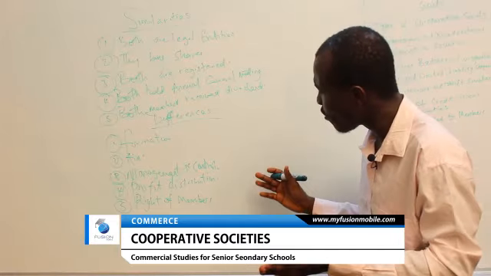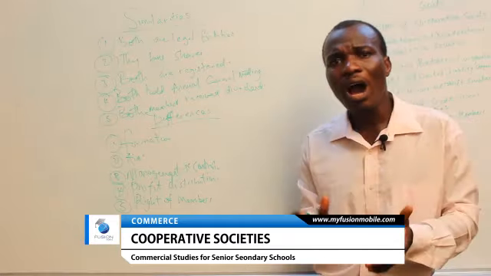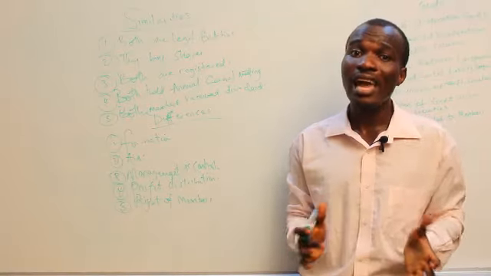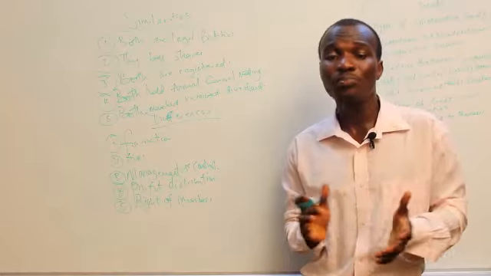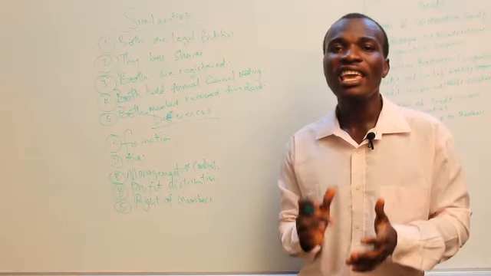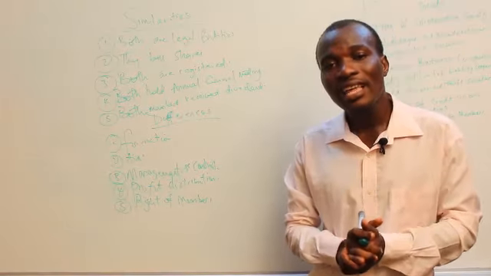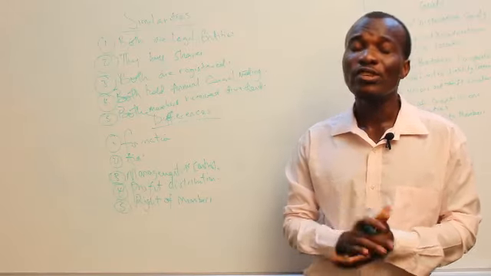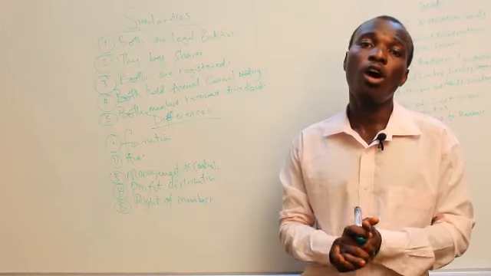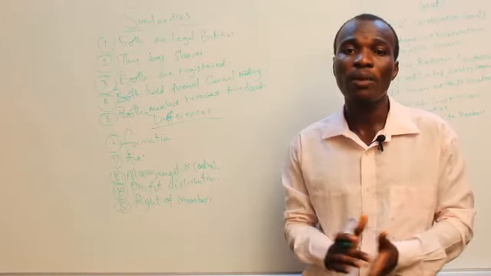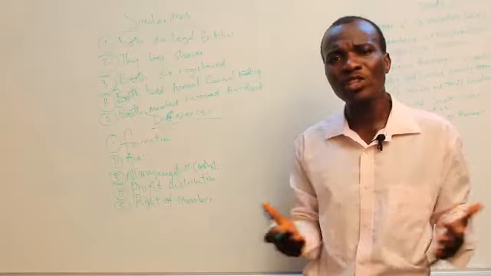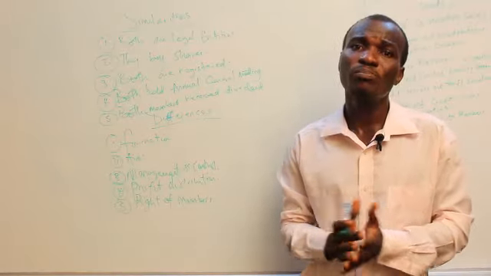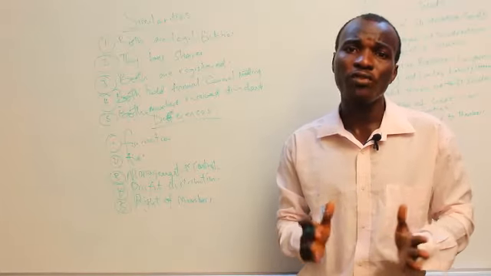So we look at how profit is distributed. How profit is distributed in the cooperative society is entirely different from how it is distributed in the limited liability company. Profit is usually distributed in the cooperative society based on the patronage of members.